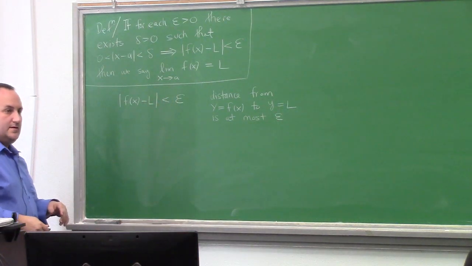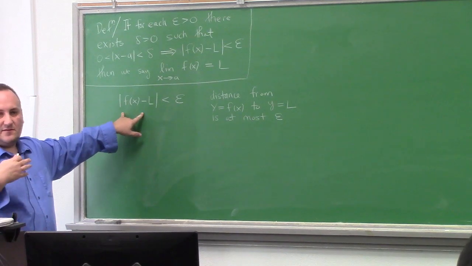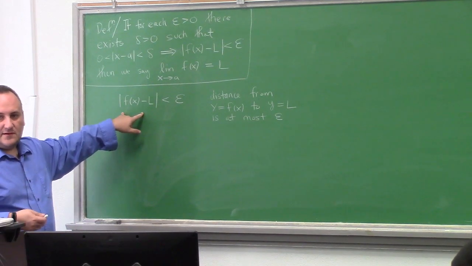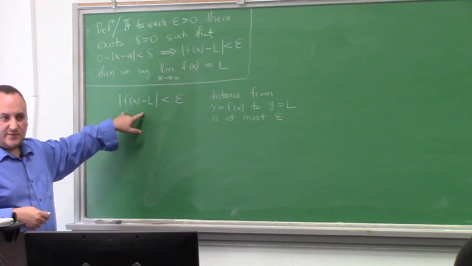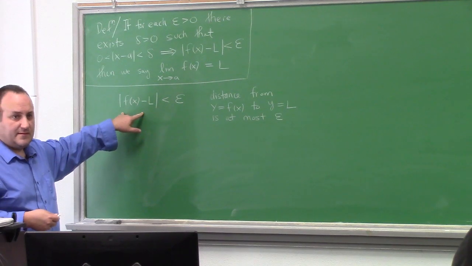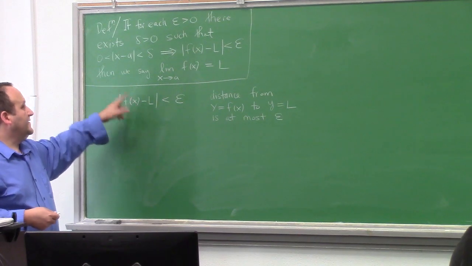If you take the absolute value of the difference between two numbers, it calculates the distance between those two numbers. You guys remember that from previous work?